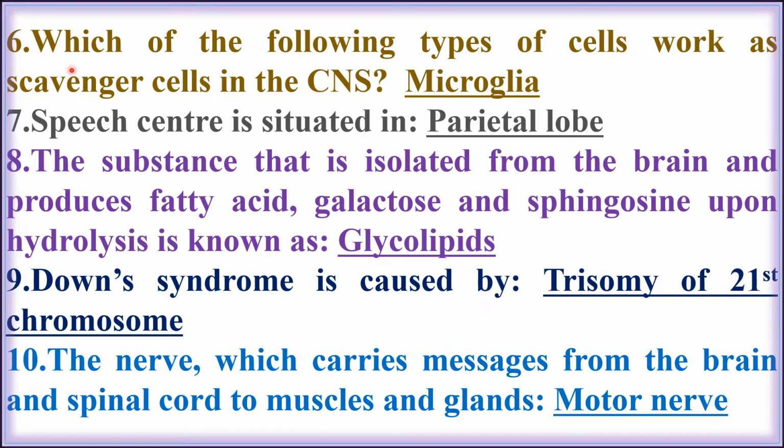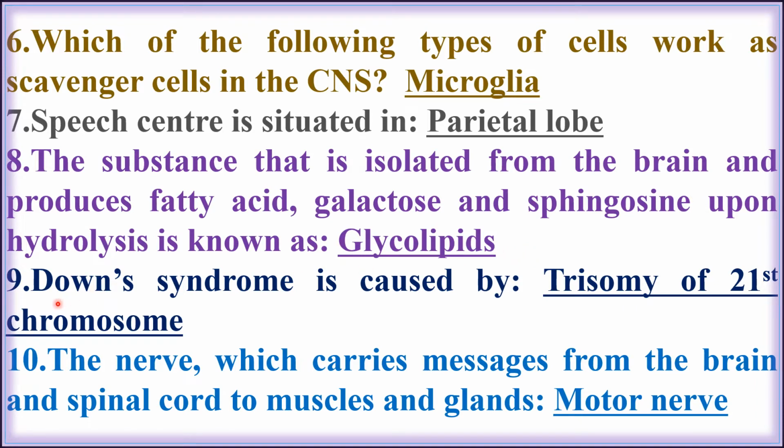Next, which of the following type of cells work as scavenger cells in the central nervous system? Answer is microglia. Next, speech center is situated in parietal lobe. Next, the substance that is isolated from the brain and produce fatty acid, galactose and sphingosine upon hydrolysis is known as glycolipids.